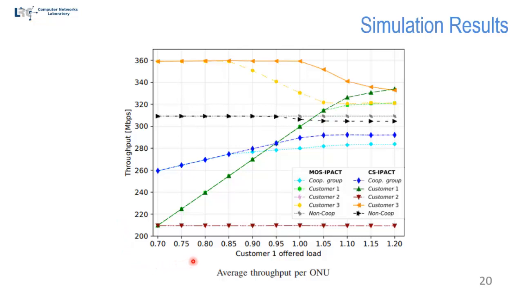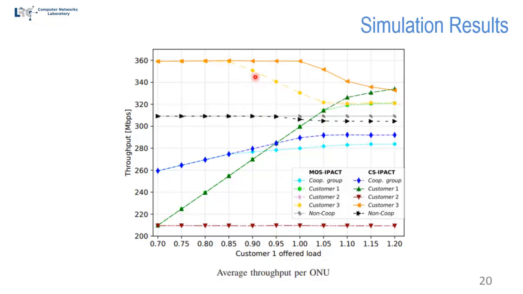We compare the throughput when varying the load at customer 1 and employing the most IPAC and CS IPAC algorithms. As you can see, CS IPAC produced for the overloaded customer, in this case customer 3, line in orange, greater average throughput values than those given by most IPAC, line in yellow.